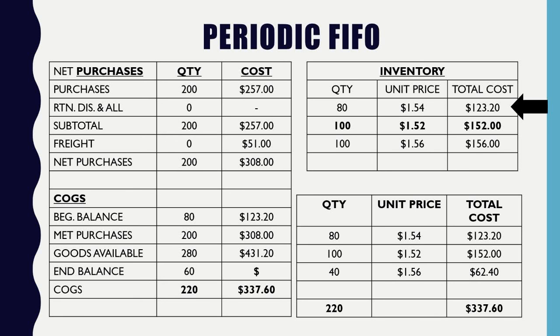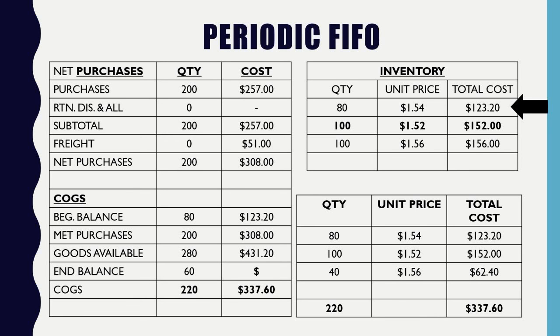Okay, so these are our goods available. This is us looking at beginning inventory, and now we're adding these two together. When we calculate the items that we sold, we recognize that we have a total of 280 items to sell.